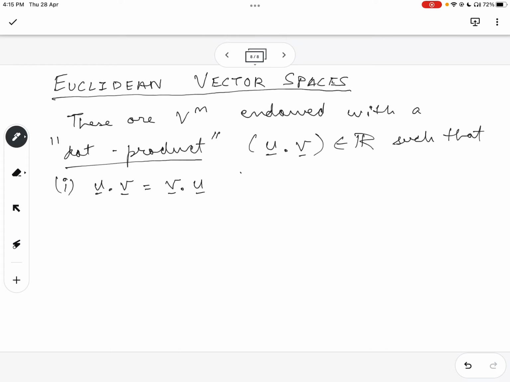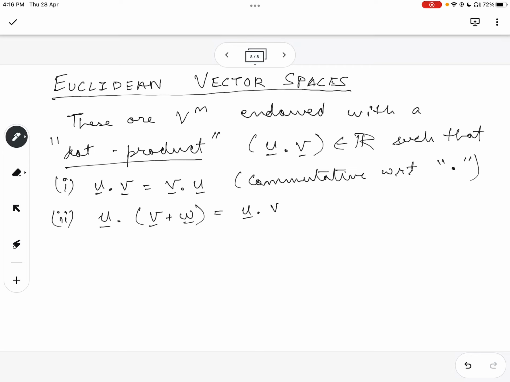which is commutativity with respect to the dot product. Second, u dot (v plus w) is u dot v plus u dot w.